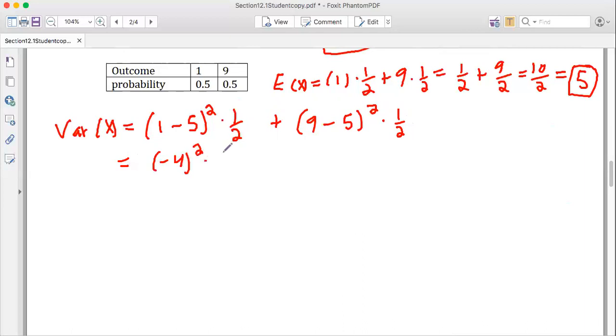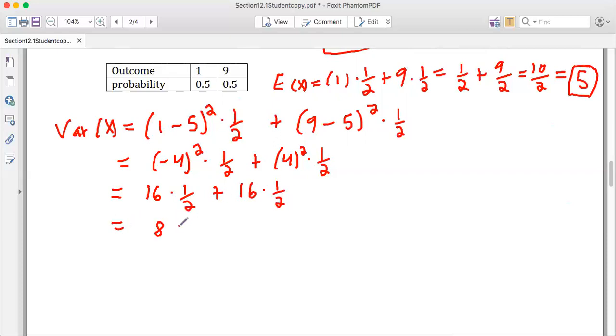I still got to square it and multiply by 1/2. 9 minus 5 gives me +4, and I want to square that and multiply by 1/2. Now, -4, if I square it, gives me +16 times 1/2. Plus 4, if I square it, gives me 16 as well, times 1/2. We say, okay, 16 times 1/2 gives me 8, plus 8, and 8 plus 8 gives me 16 for the variance.